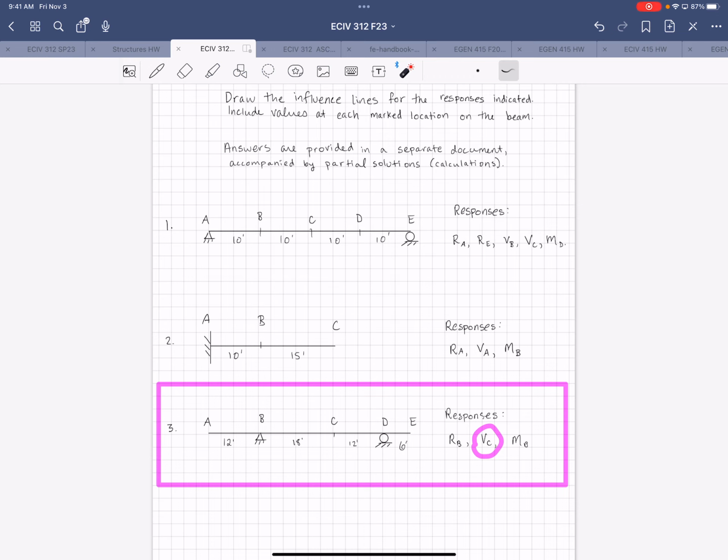So start by getting either RB or RD. And again, you can talk to each other if you want, ask questions as you go through it.